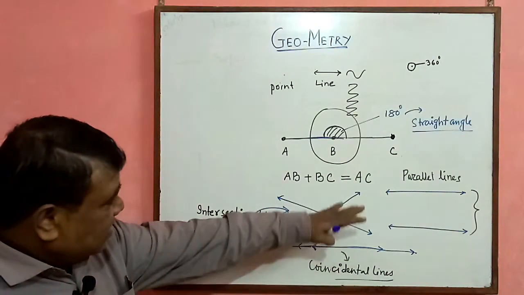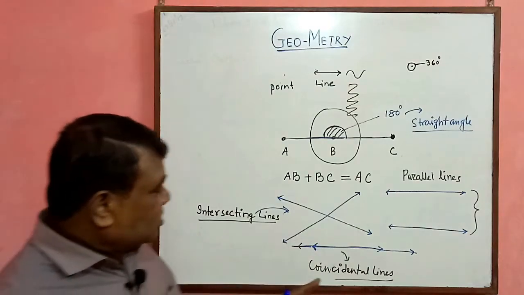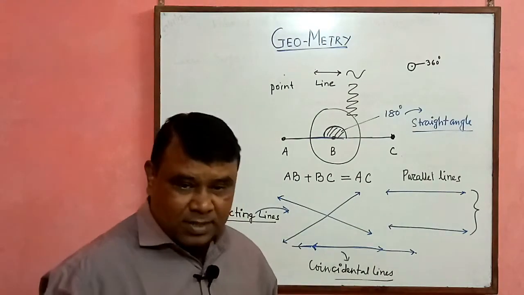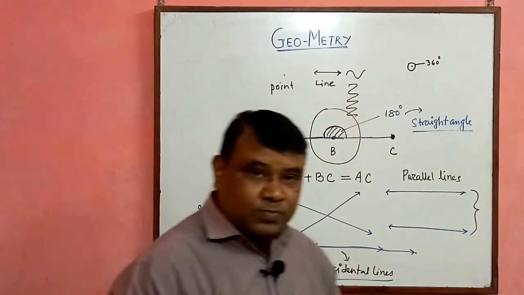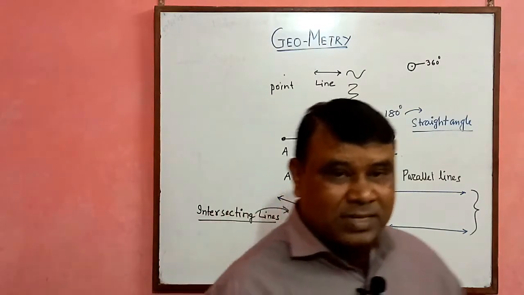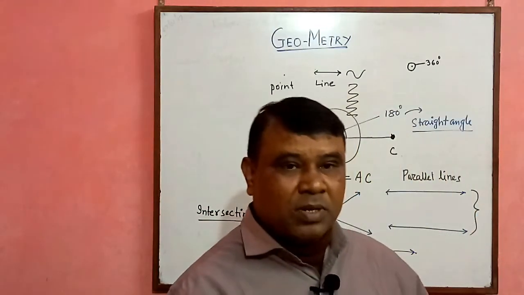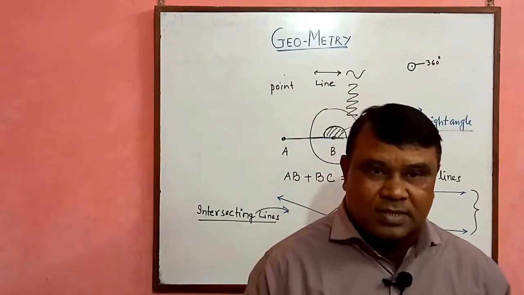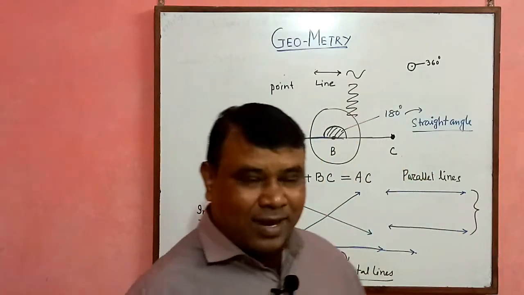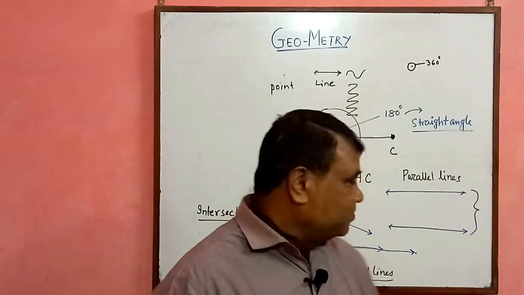Before discussing these intersecting lines, coincidental lines and parallel lines, we have to know, like points, the summation of points or successive locus of points will represent a line, either it is curved or straight.